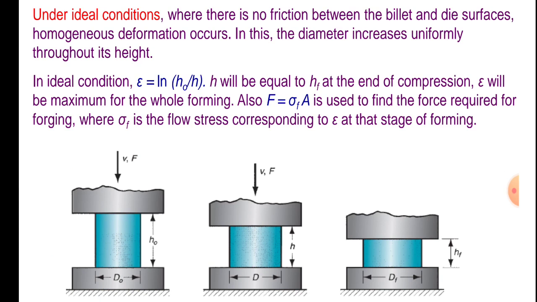Sigma will be maximum for the whole forming. Also F is equal to sigma F times A, used to find the force required for forging, where sigma F is the flow stress corresponding to sigma at that stage of forming.